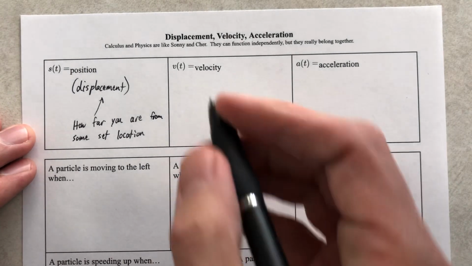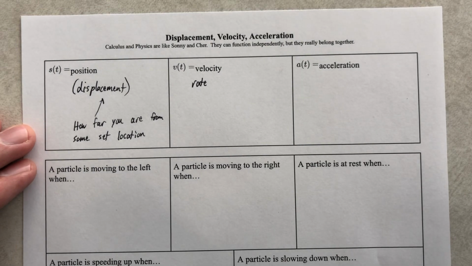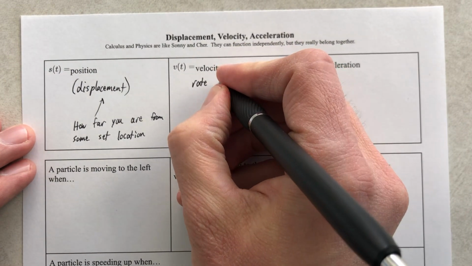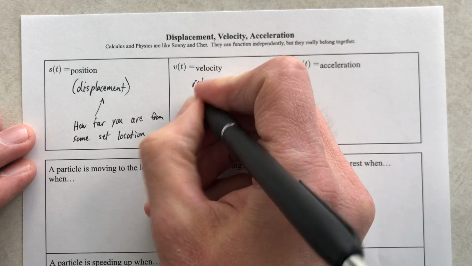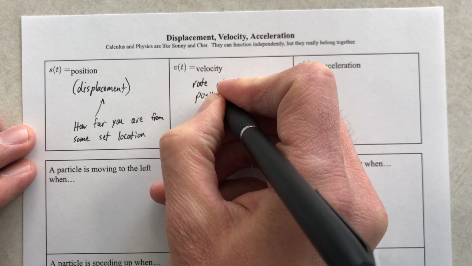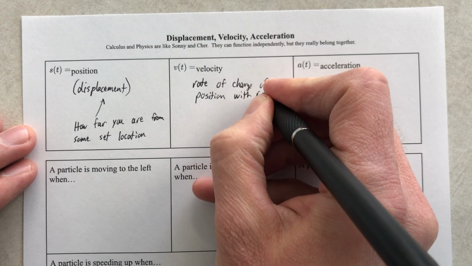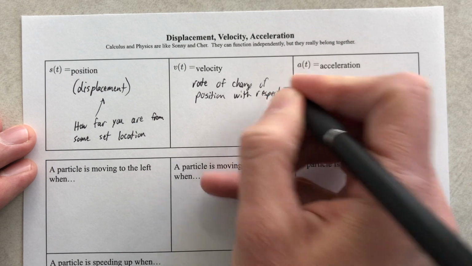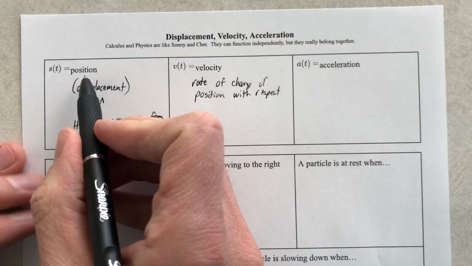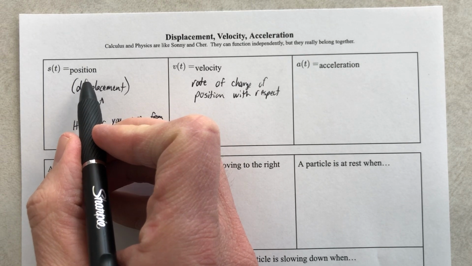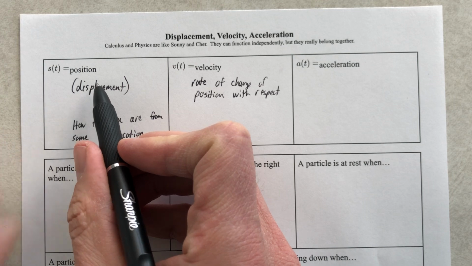Okay, the velocity is the rate. All right, automatically, when I say rate, you're probably thinking derivative, and you're right. The rate of change of position, and not just rate of change of position, but with respect to time. Meaning, we're taking the derivative of some function that is meters or feet or some measure of distance, miles, whatever, and we are talking about how it's moving over time.